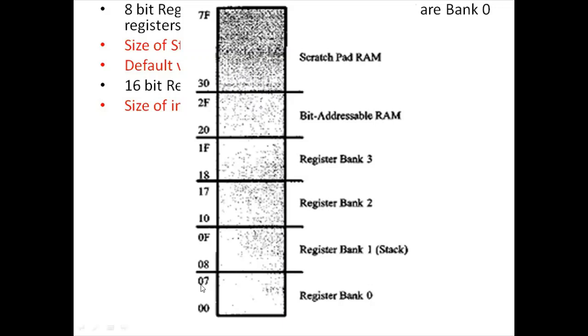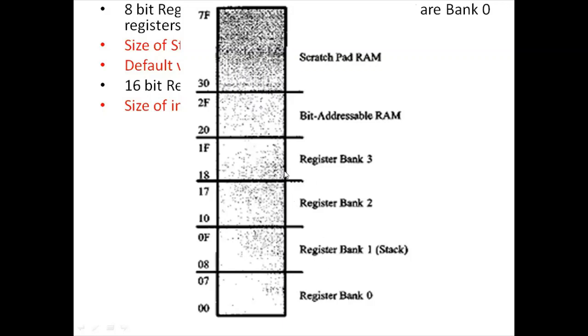So even bank 0 will have R0 to R7, bank 1 will have R0 to R7, also bank 2 and bank 3. So I have 4 banks and in each bank I have 8 registers, that is R0 to R7. So total 32 bytes are dedicated to register bank.